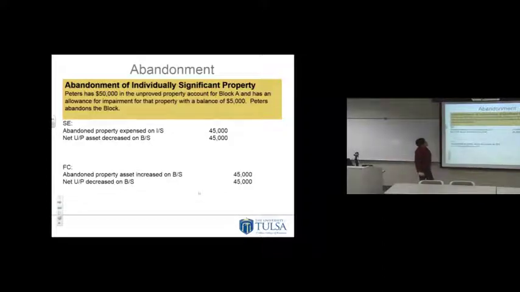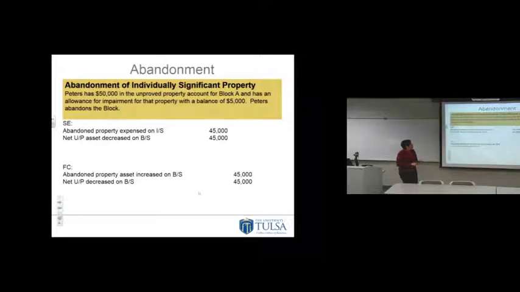That 45 is going to be abandoned property expense. It's going to reduce income by $45,000 on my income statement. And then my net unproved property asset is decreased on the balance sheet. That property is coming off the balance sheet. Its net book value is $45,000. Now, again, I do have to take both the contra asset and the asset account off the balance sheet.